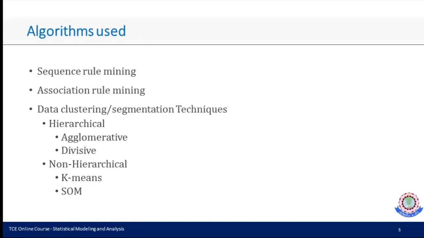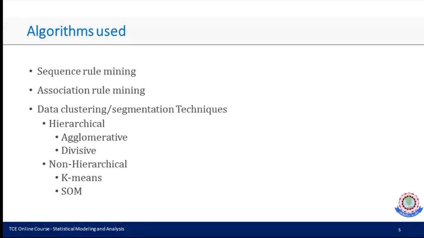The following are the algorithms most commonly used with descriptive analytics: sequence rule mining, association rule mining, and data segmentation methods, which are of two major types, hierarchical and non-hierarchical.